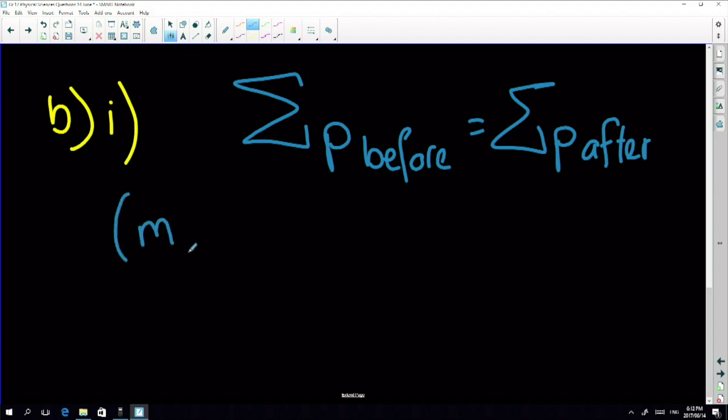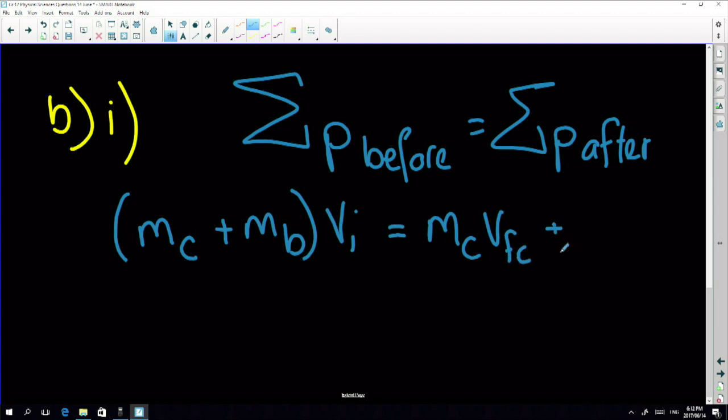Beforehand, we have the cannon and the mass of the ball, and they're one object. Afterwards, they're 2 objects. So far, we're all okay. Initially, the ball and the cannon aren't moving, they're stationary, so my initial momentum is 0.